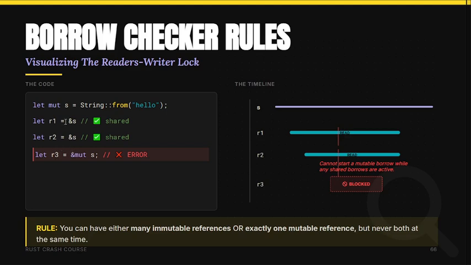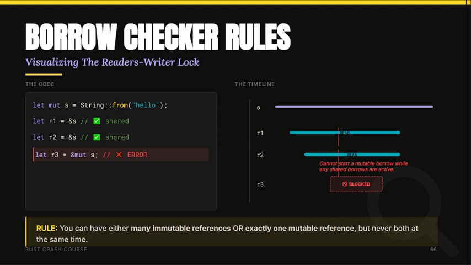These are both active shared borrows and they are both valid. While they exist, the borrow checker blocks any mutable borrow. The timeline diagram makes this visual. r1 and r2 overlap in the read span. r3 is blocked. The rule: many immutable references or exactly one mutable reference, never both at the same time.